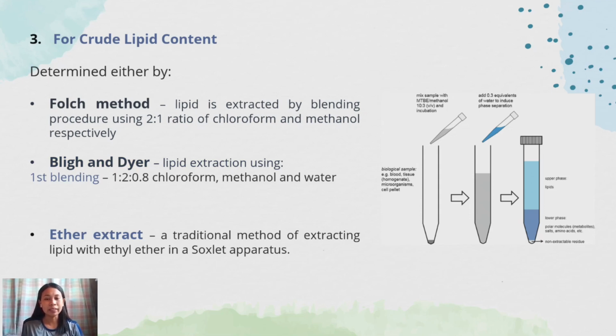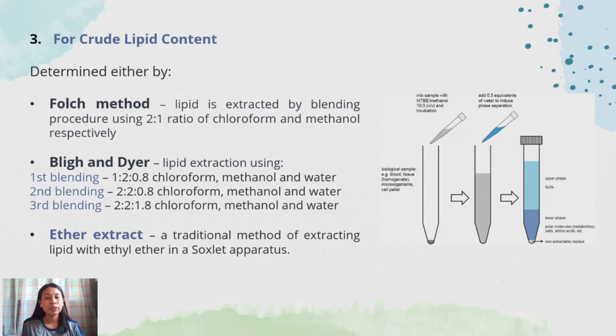For the second blending, 2:2 to 0.8 chloroform, methanol, and water. And for the third blending, 2:2 to 1.8 chloroform, methanol, and water. Ether extract is a traditional method of extracting lipid with ethyl ether in a Soxhlet apparatus.